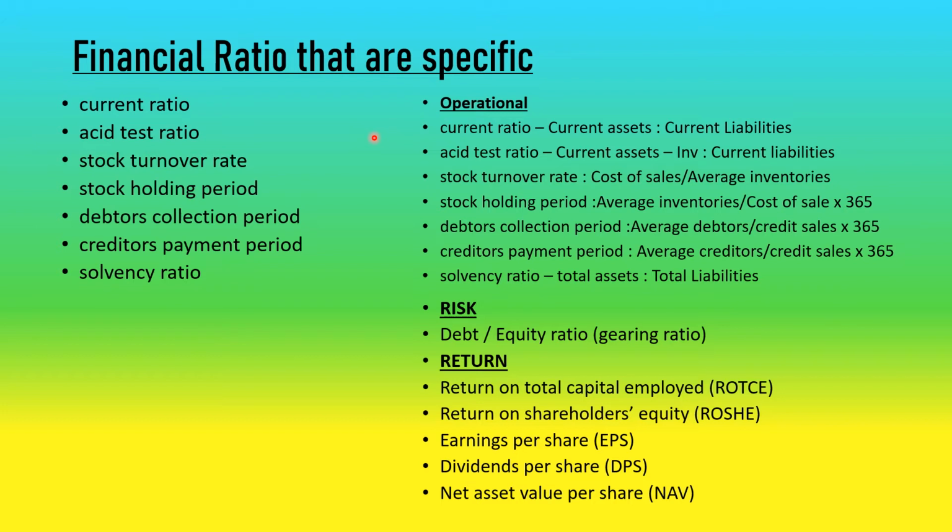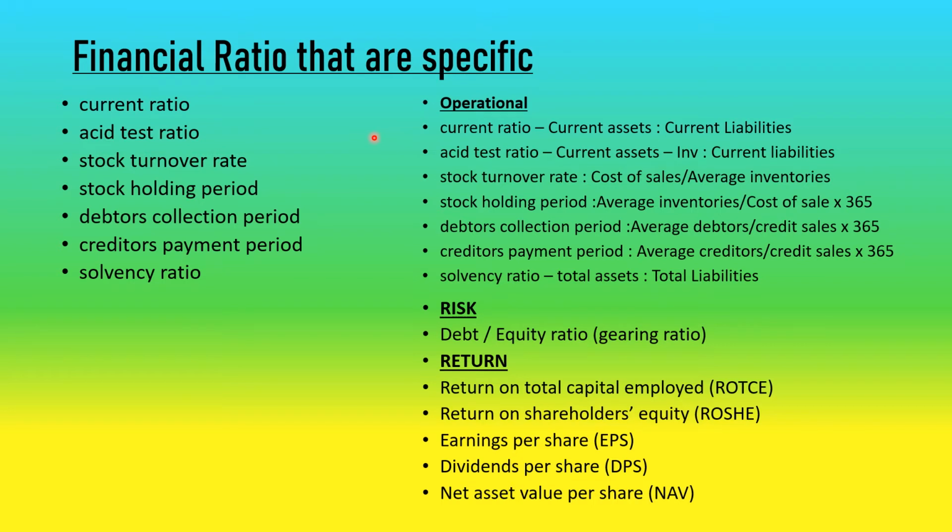But your inventory, although it is a current asset and you can turn it around in the next 12 months and therefore it is current, it is not necessarily convertible immediately. Your inventory might take a longer time to sell, and therefore sometimes you want to know the value of your current assets excluding your inventory.